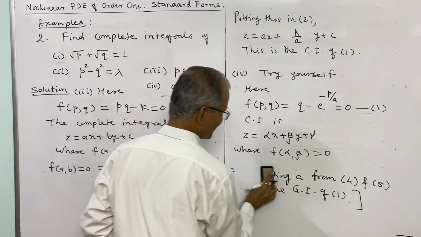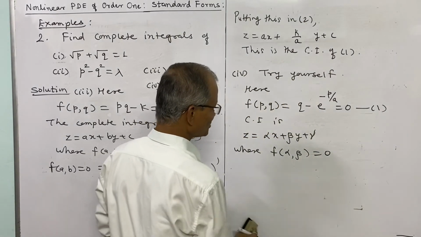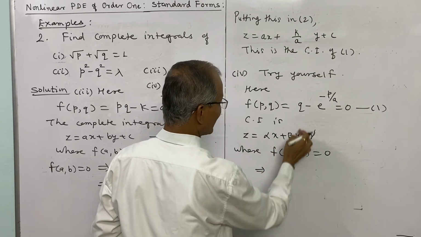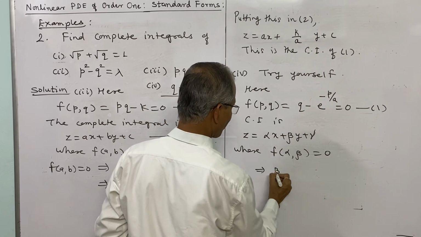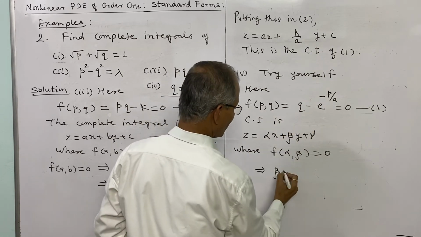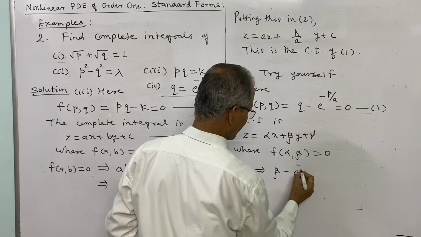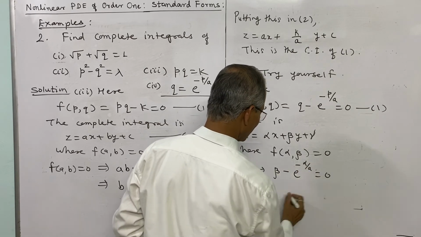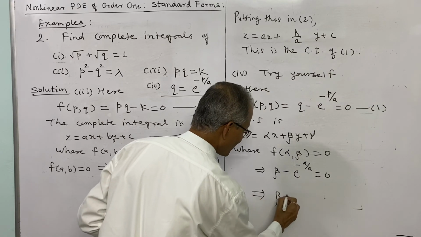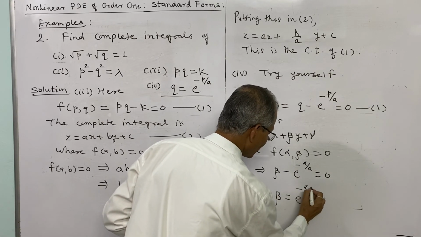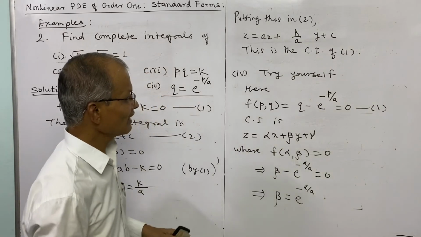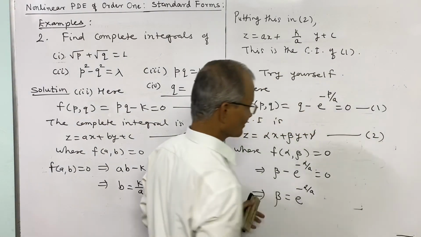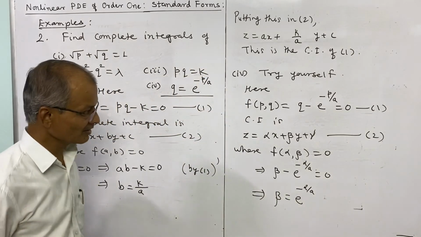Now you see what this implies: beta is q, so beta minus e power negative alpha divided by a is equal to 0. And this gives the direct value of beta as e power negative alpha upon a. Put this value in the second equation, and that is our complete integral. So the problem is actually solved.